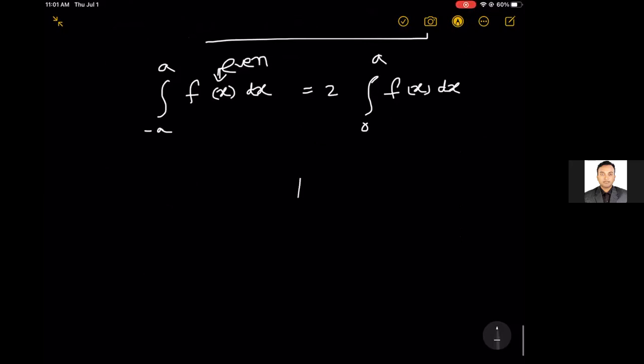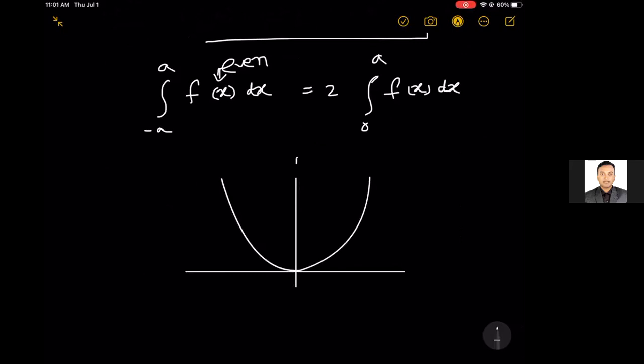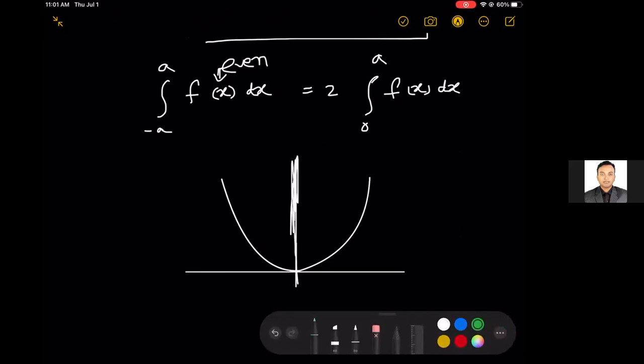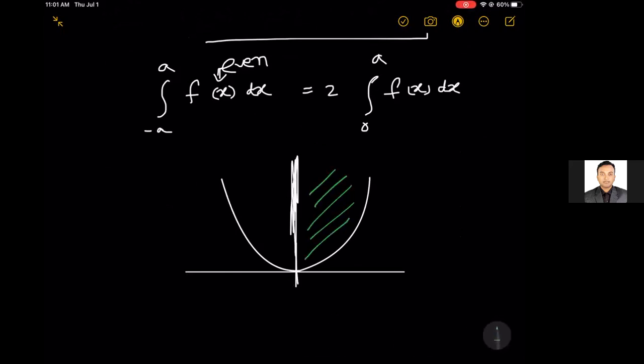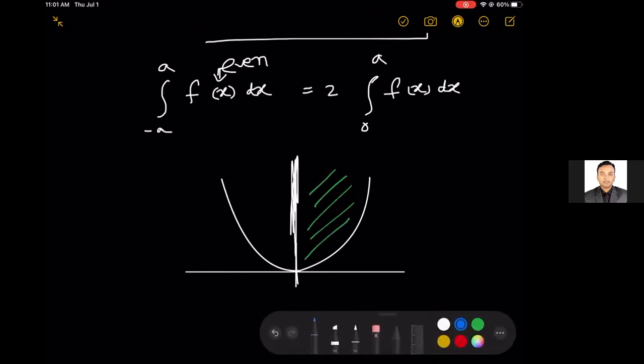Because if you remember, I did say that if you have an even function, for example x squared, this is the graph of x squared. If you imagine a mirror here, this part on your right is the mirror image of what you have on your left. Can you see that?